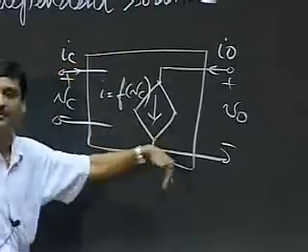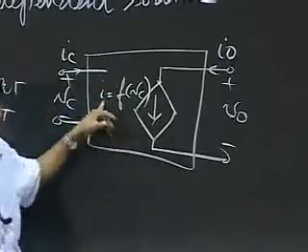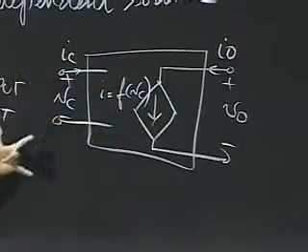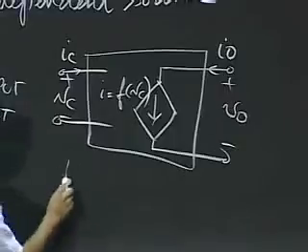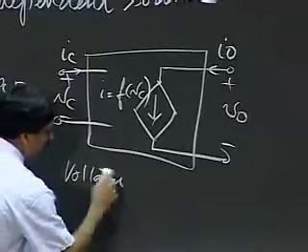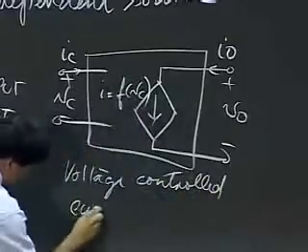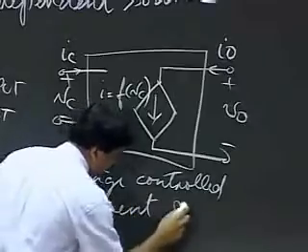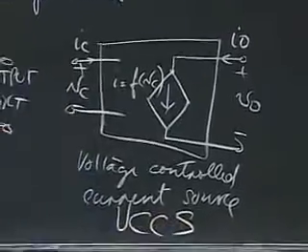In this example, I've designed it so that the current through the current source, I, is some function of another variable, the voltage across its control port. Not surprisingly, this device is called a voltage-controlled current source, or a VCCS.